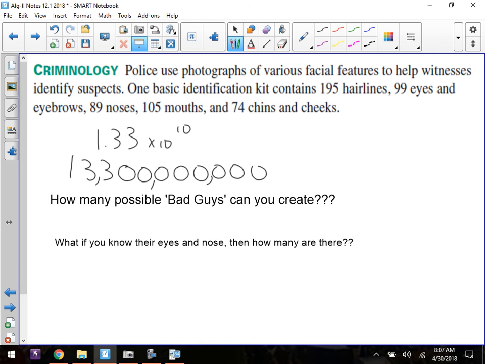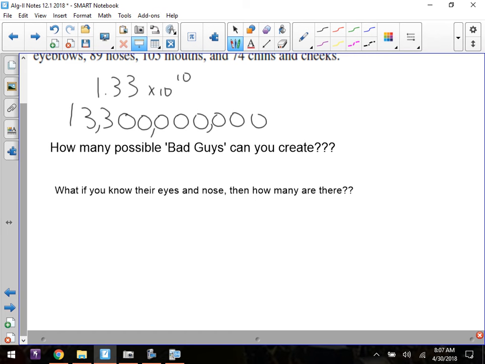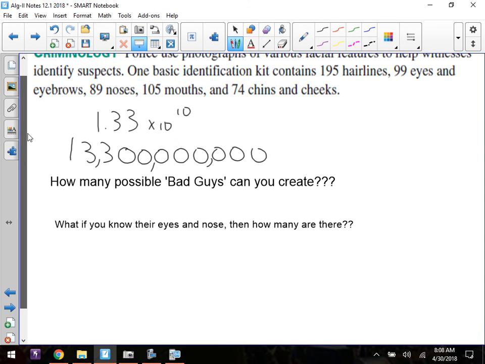But what happens if the masked bandit, all you could have seen was their eye and their nose? You were able to figure out their eyes and their nose, so you no longer have to worry about what the eyes are and what the nose is, so that changes from 99 to 1. 89 to 1.